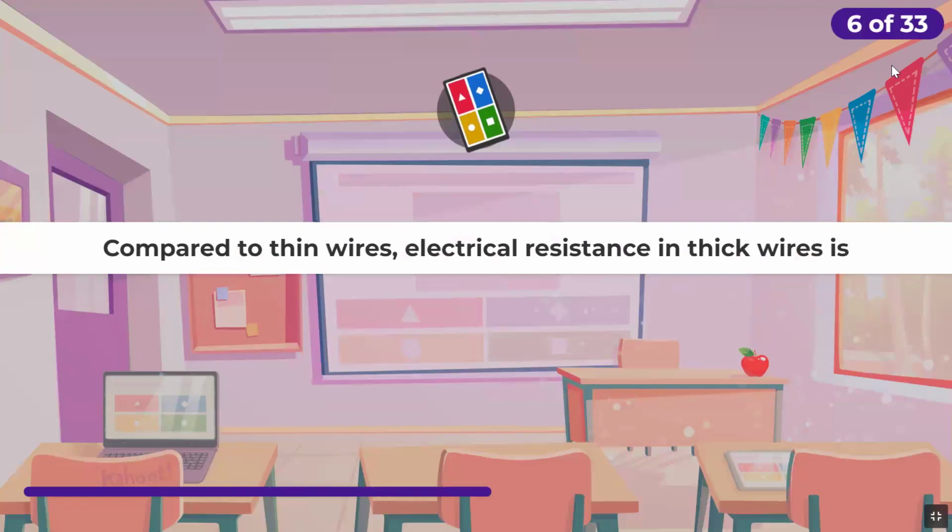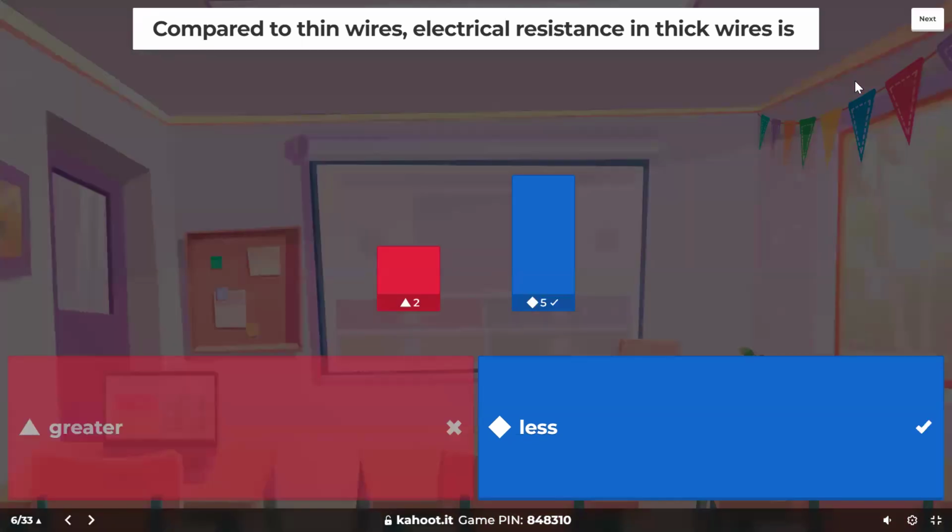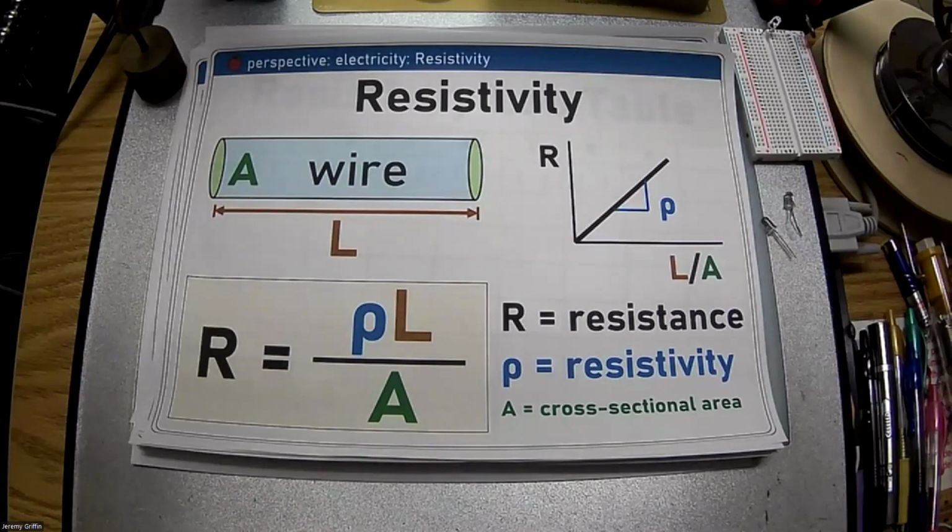Compared to thin wires, the resistance in thick wires is... yeah, not as much. That was that inverse relationship I was just showing here. Let me flip back over to point out exactly what answers that question.